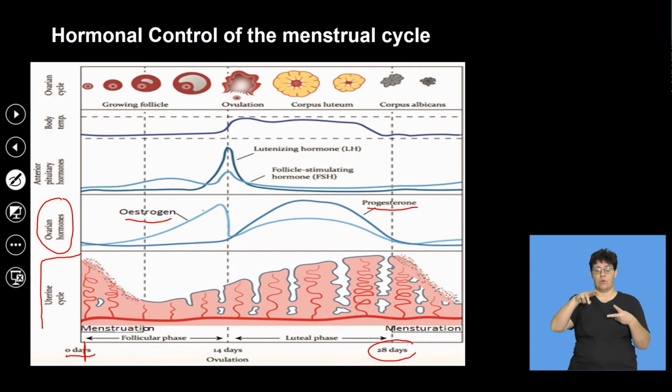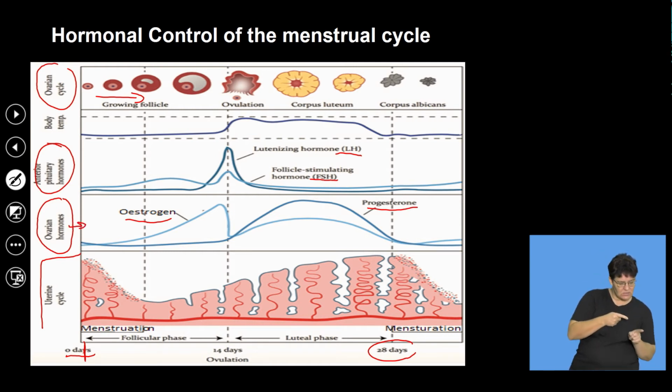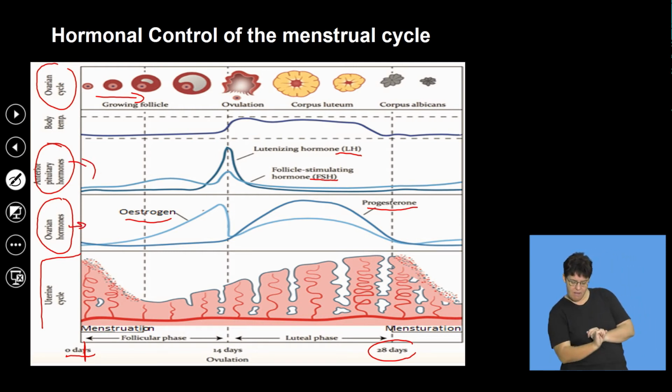We also see the release of the hormones from the pituitary gland, which are LH and FSH, and we look at the relationship of that to the development within the ovary and the formation of the follicle. So we get a broad sense of the various interactions between the hormones in the ovary as well as the hormones from the pituitary gland.